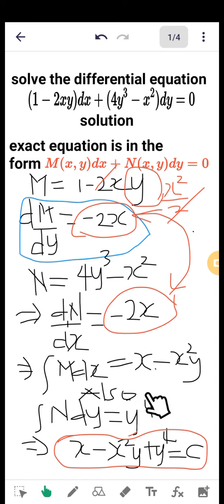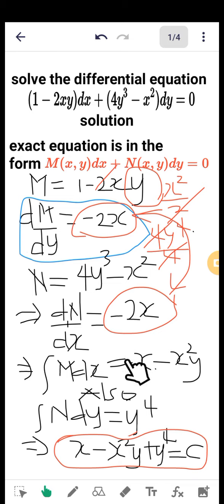When we integrate 4y³, we are going to get 4y⁴ all over 4. So the 4 will cancel the 4, leaving y⁴.